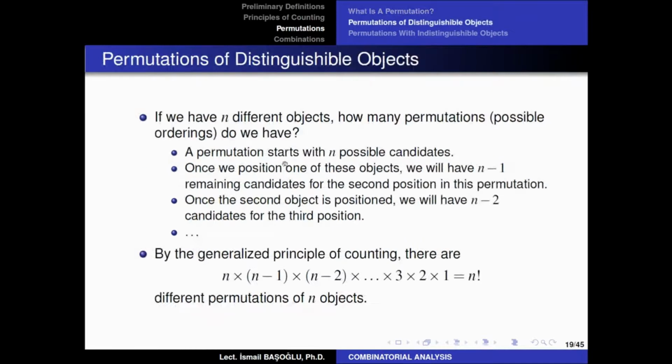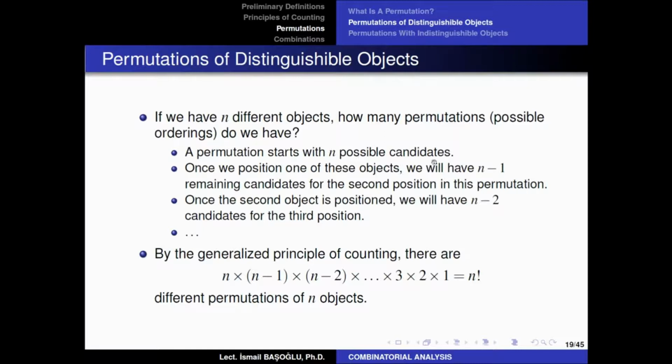They are different. So if we have n different objects, how many permutations can I create? If I'm just going to put these objects in a linear order, how many different permutations or possible orderings can I create? In the first position of this permutation, I can choose any of these n objects.